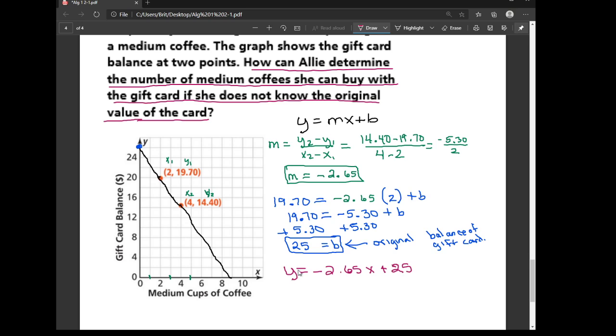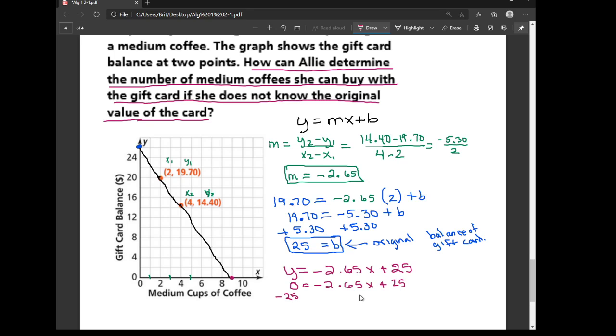So I know I have this equation, and if I'm trying to figure out the number of coffees she can buy down here, which would be x, which I'm anticipating to probably be 9, I could plug in a 0 for y and actually solve for it. Okay, so I could say 0 equals negative 2.65 x plus 25.